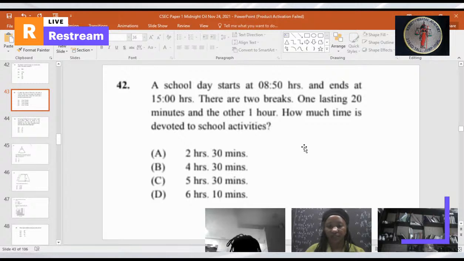All right, so do that. 0850 hours is what time? 8:50 a.m. And 1500 hours is 3 p.m. So from 8:50 a.m. to 3 p.m., how much time is that? 6 hours 10 minutes.